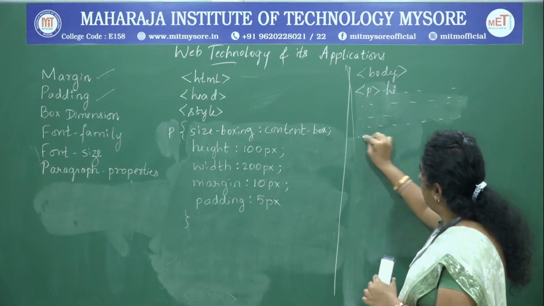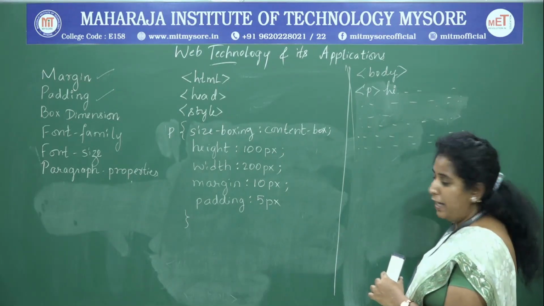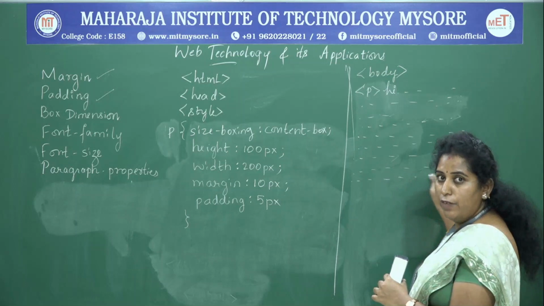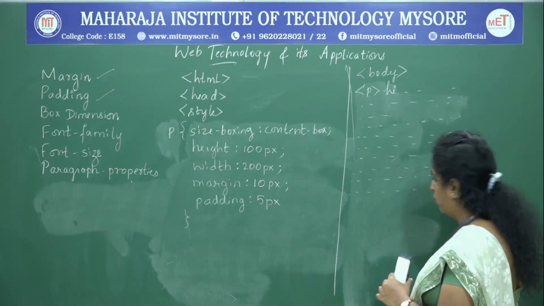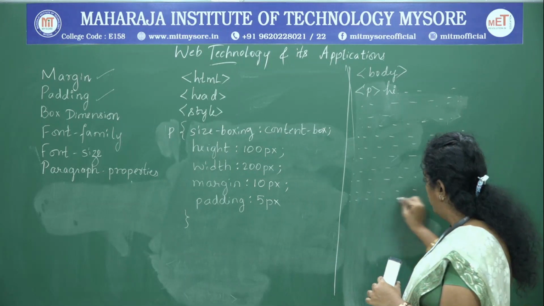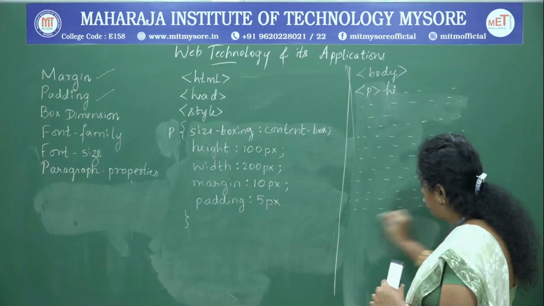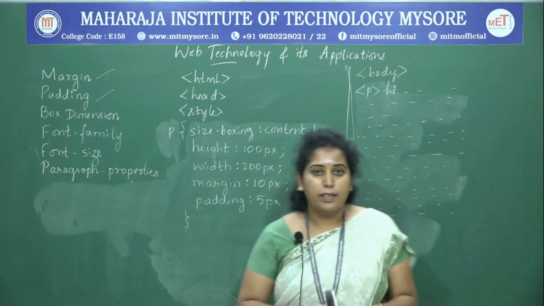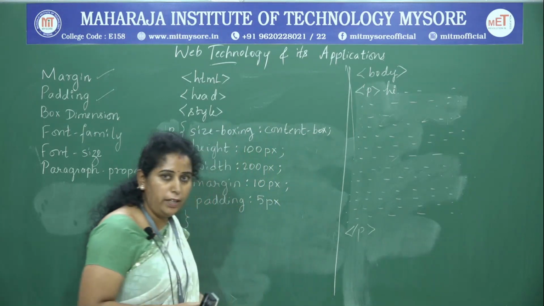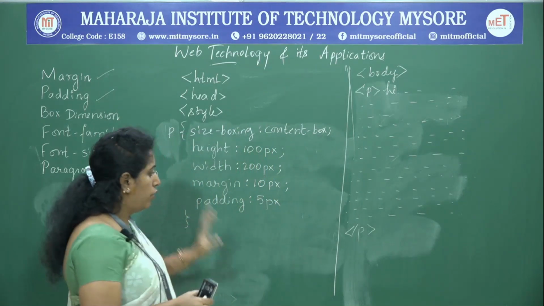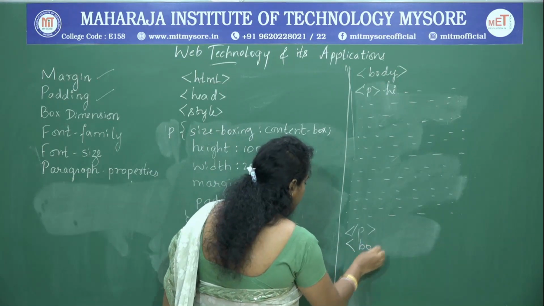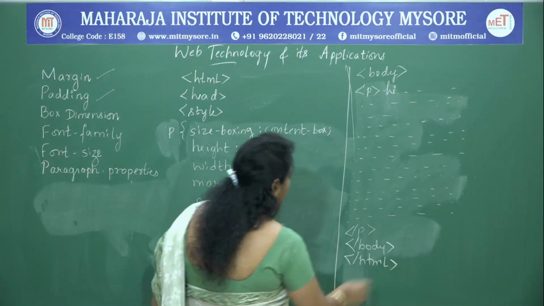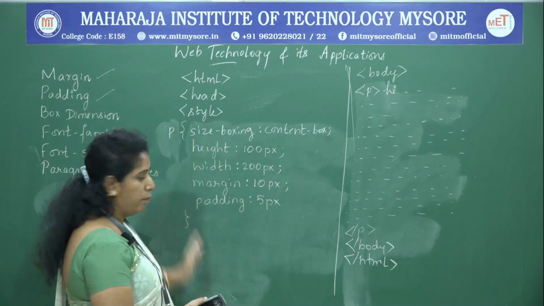It is not feasible for me to write 50 lines of paragraph, that is why I am putting a dash here. While showing the output, definitely I will type 50 lines of statements in a paragraph and show you the output. For the time being, assume that there is a paragraph of more than 50 lines. Okay. So now close the body, close the HTML. Now let me run the program.